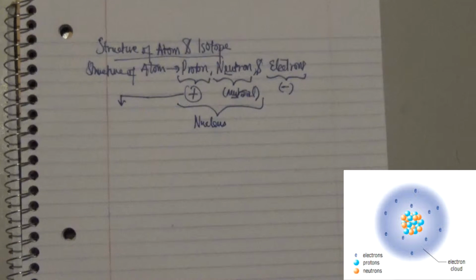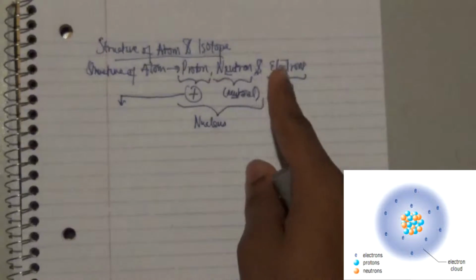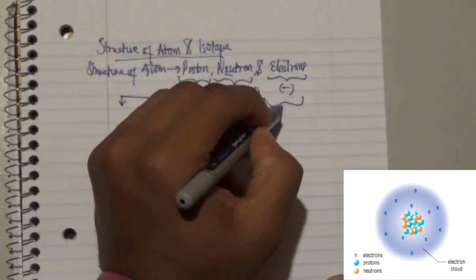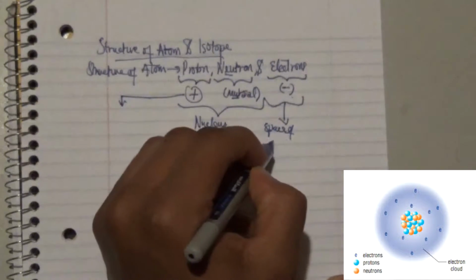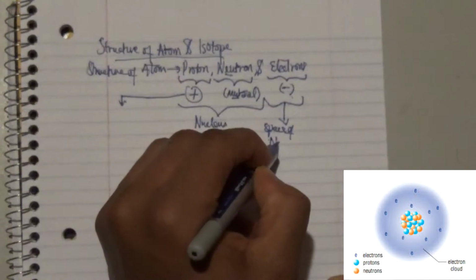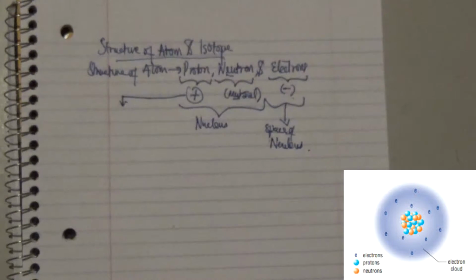Overall, the nucleus is still a positively charged region, and surrounding the nucleus is a sea of little particles known as electrons. These electrons are in a space surrounding the nucleus. What's quite unique is that there is an equal number of protons and electrons, which makes the atom overall neutral.